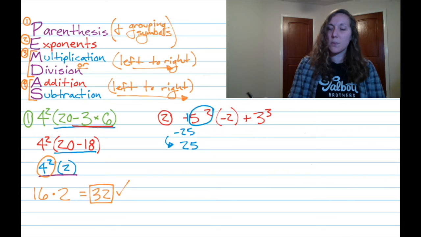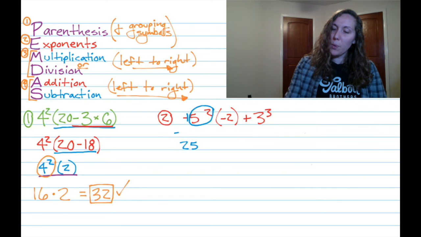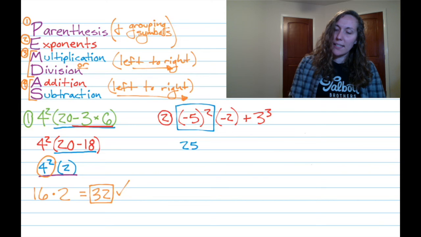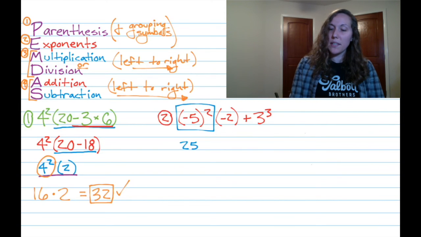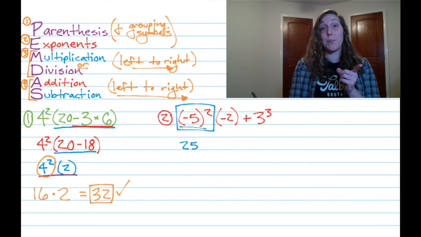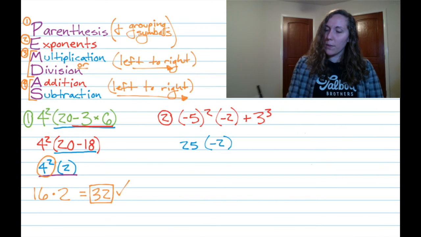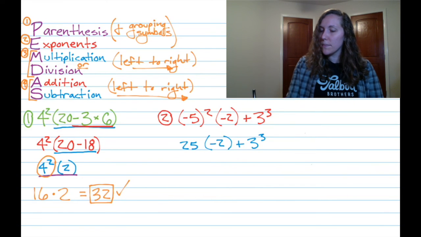It is positive 25. So it's really important that we practice good calculator precision, and that when we put things in our calculator, it mimics exactly what we see in front of us. So if you see something in parentheses, you'd better put it in parentheses in your calculator. So we get positive 25, and I'm going to rewrite the rest of my equation.